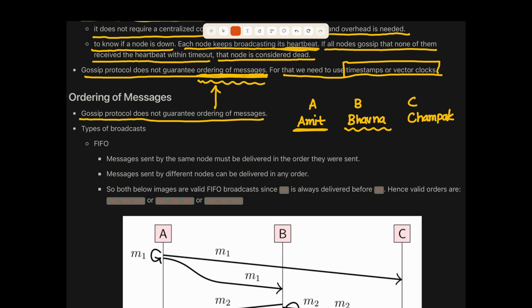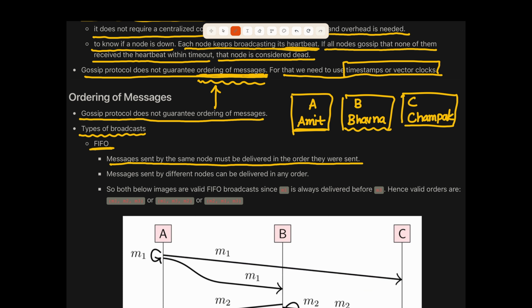We just saw that. Now there are different types of broadcast which ensure in what order we should guarantee the messages. First is FIFO, first in first out. Messages sent by the same node must be delivered in the same order they were sent. Consider these 3 persons as nodes.